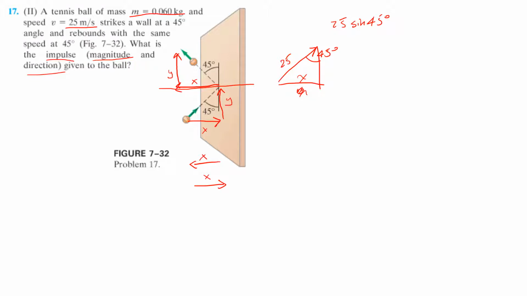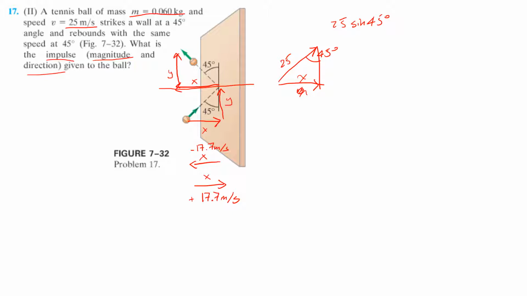That is the magnitude of our velocity along the x. If you punch it in, you're going to find that these magnitudes are 17.7 meters per second. Let's call this one positive, and this one is going to be negative 17.7 meters per second. So now we're really close to being finished.